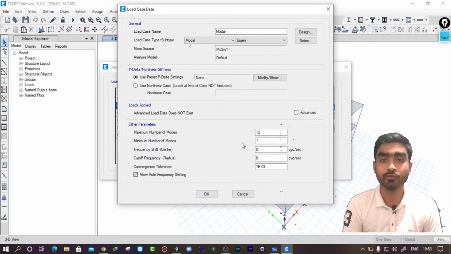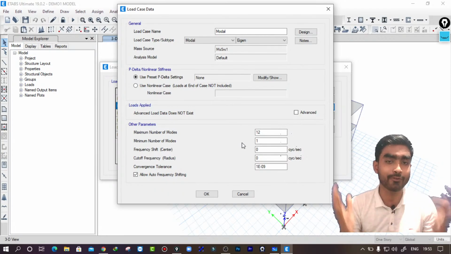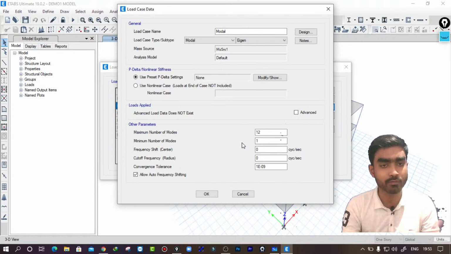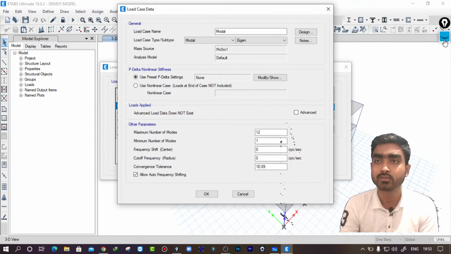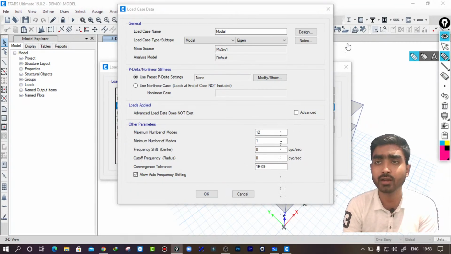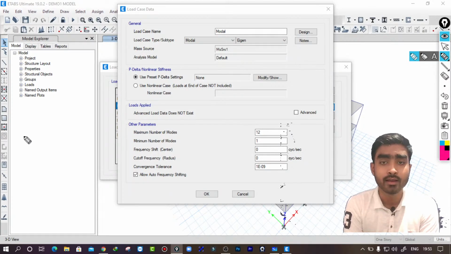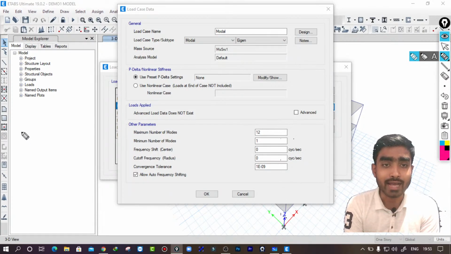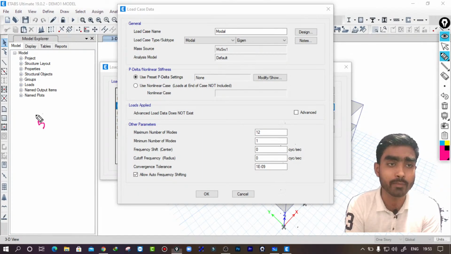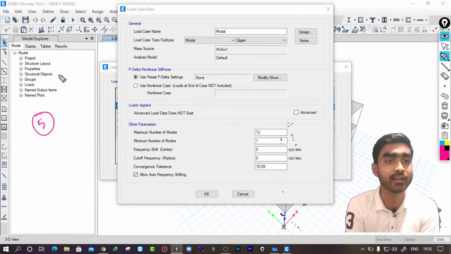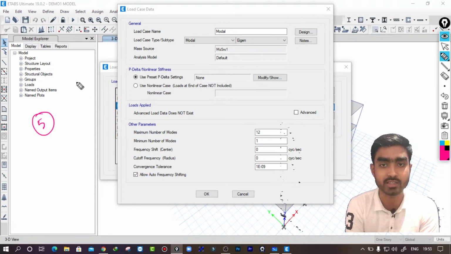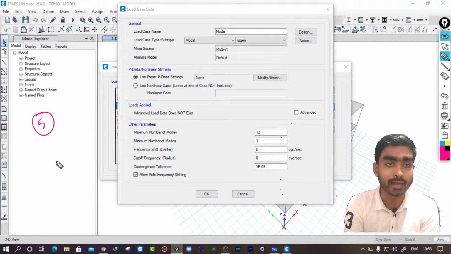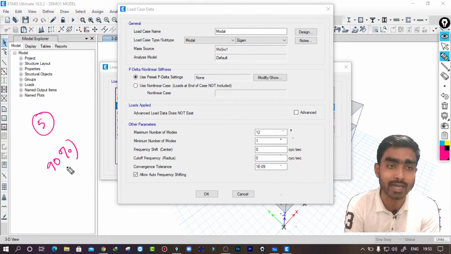For the maximum number of modes, there are different concepts from different practicing engineers and in the books also. The code says that at the last mode, suppose you have considered 5 modes, that means 5 different deformed shapes under free vibration, you should have at least 90% of mass participation.